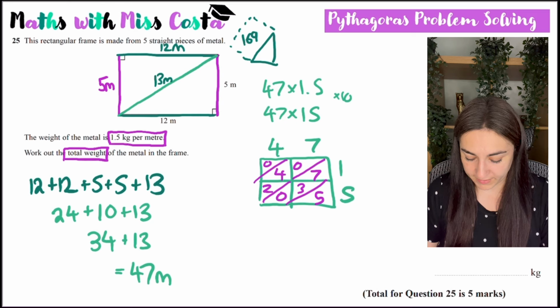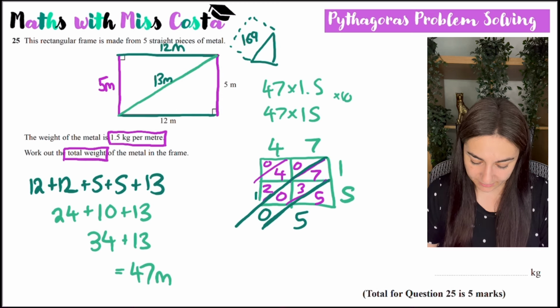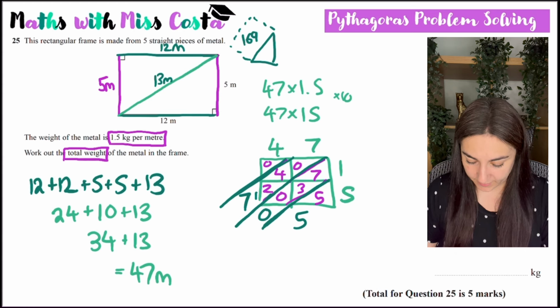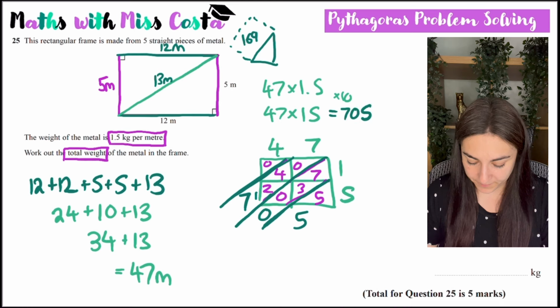And 4 times 5 is 20. Then I extend it. So under that diagonal, that's 5. Under this diagonal, 7 plus 3 is 10. So I carry the 1 into the next box. 4 plus 2 is 6, plus 1 is 7. So I know that 47 times 15 is 705.